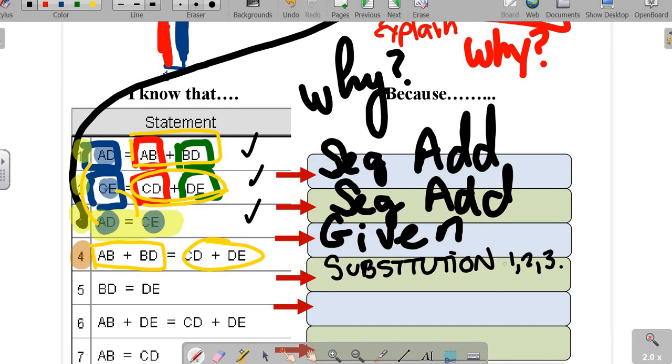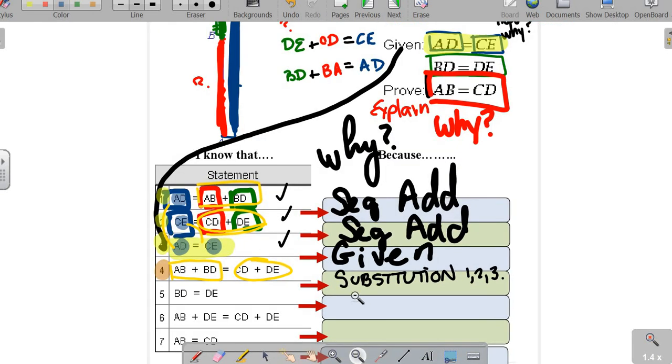Look very carefully at step 5 and ask yourself, where do we get that true information? Do you see it? That's true because it's given.